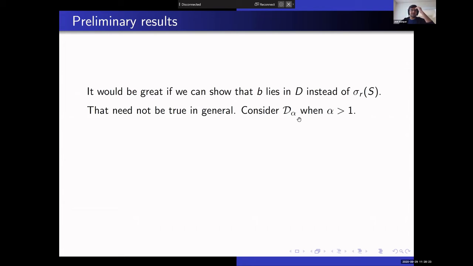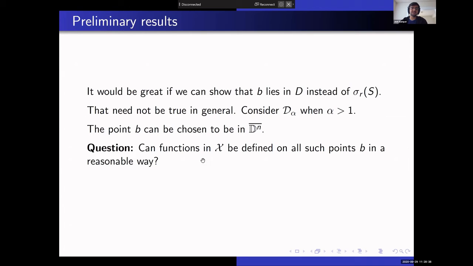Consider the Dirichlet space when alpha is greater than 1. One can see that the point B can be chosen to be in the closed unit polydisk, because the point evaluations are bounded even on the boundary of the unit polydisk in that case.